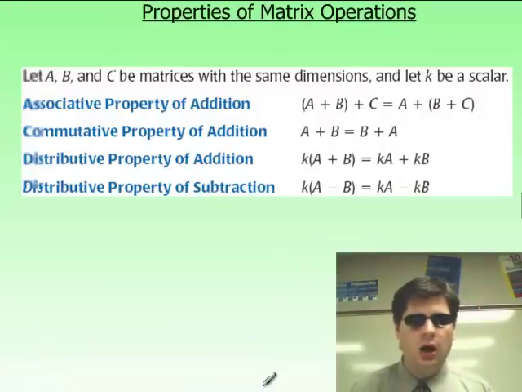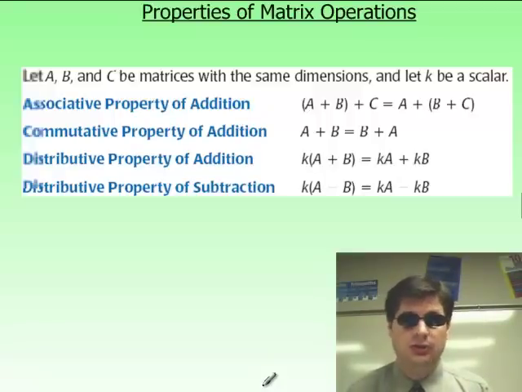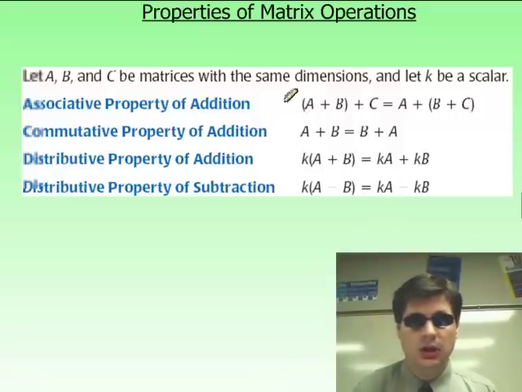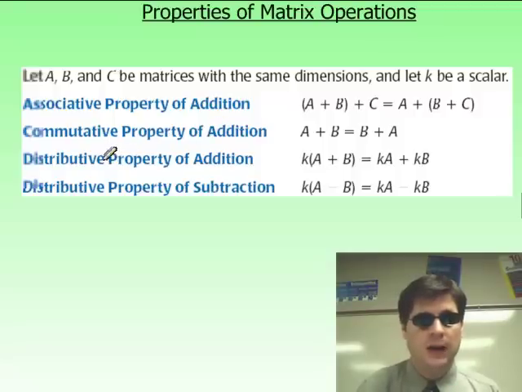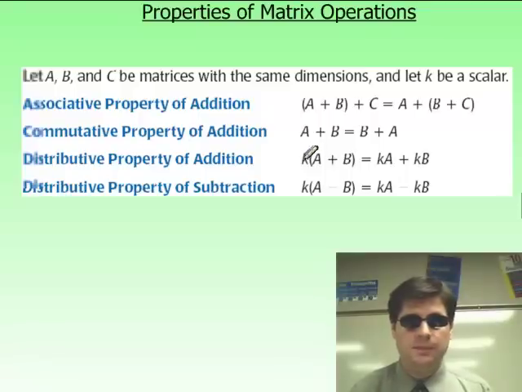So all the operations or the properties of matrices are similar to those that we deal with just dealing with real numbers. Just note that we're using capitals here to represent the matrices as opposed to lowercase variables. So we have the associative, the commutative properties, but the distributive property here is with, again, a scalar, and since that's a single number, we denote that with a lowercase k.